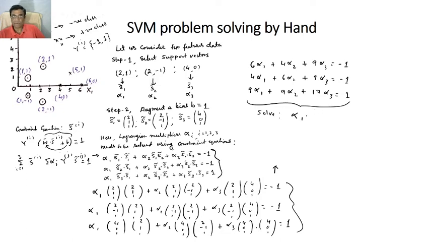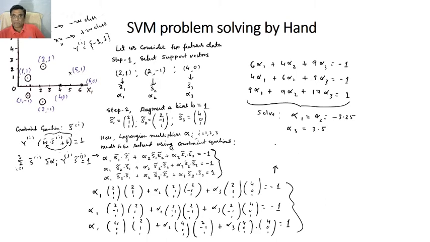That is the beauty of linear constraints. Alpha 2 equals minus 3.25, and alpha 3 equals 3.5.